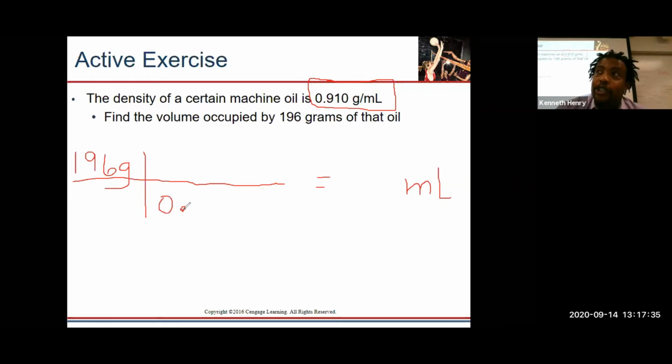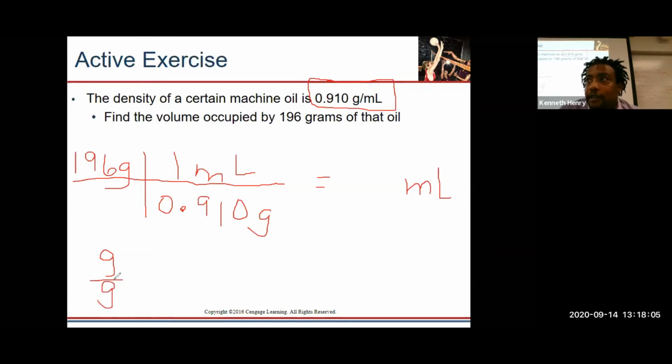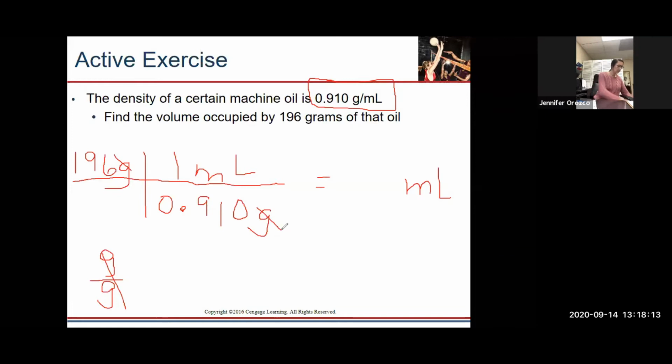Wouldn't that be exactly what you just said? So what do you have if you have grams over grams? So G over G. What is that? They cross out. Okay, so that means that this guy is going to cross out that guy. Piece of cake.